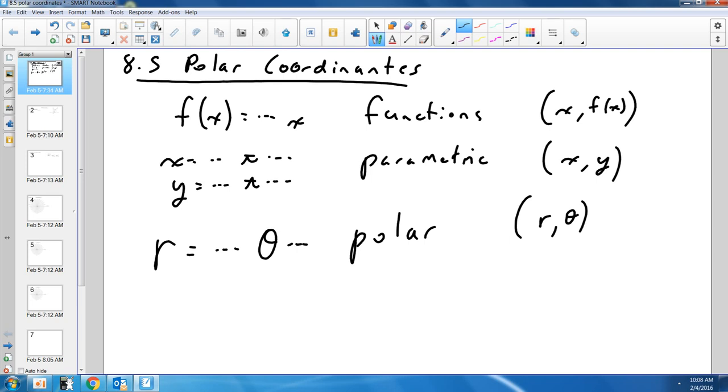So we're going to be looking at these two variables. This r is called the directed distance, and theta is just the angle from the positive x-axis.